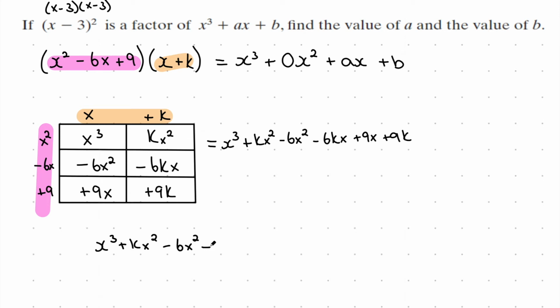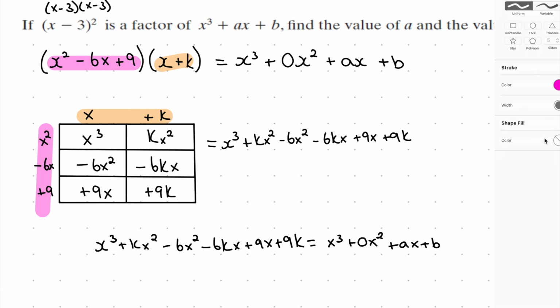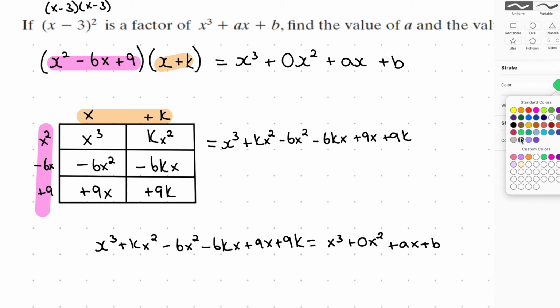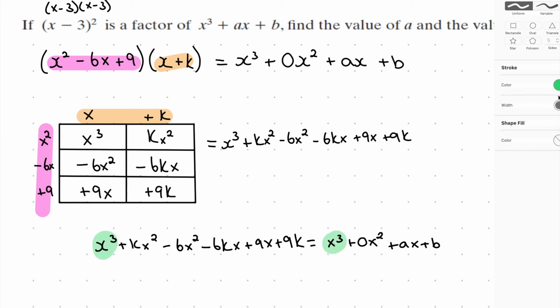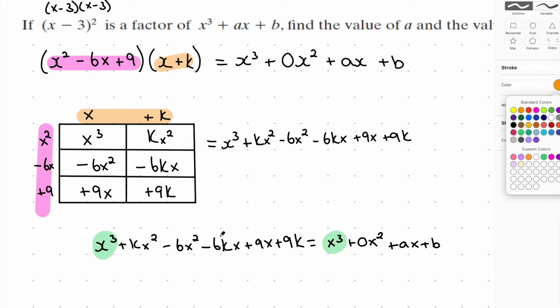So minus 6x squared minus 6kx plus 9x plus 9k is equal to x cubed, and remember we put in 0x squared just to cover the bases, plus ax plus b. And now what I'm going to do is identify what I have and what I can match up together. So x cubed equals x cubed, that's a true statement and we're okay to use that.